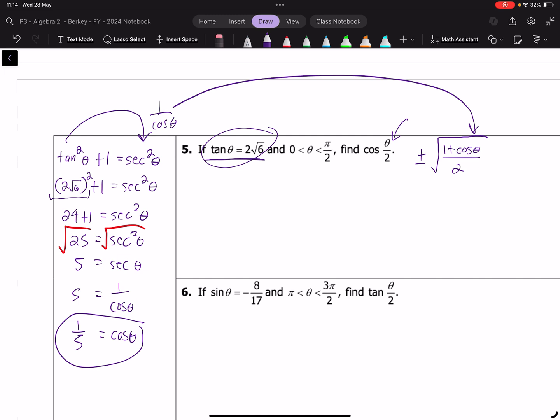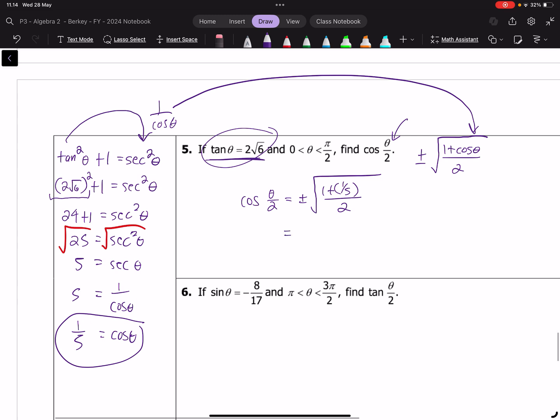Let's go for it. So cosine theta over 2 is equal to plus or minus square root of 1 plus cosine, sorry, I know what cosine theta is because we just solved it. So 1 plus 1 over 5, over 2.